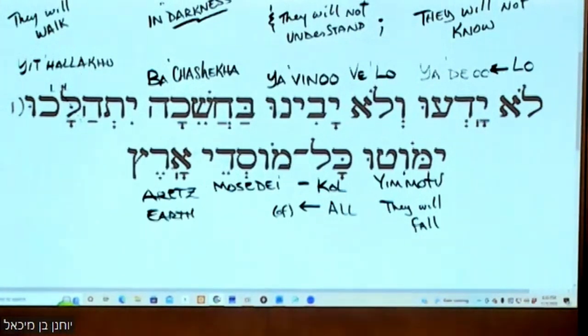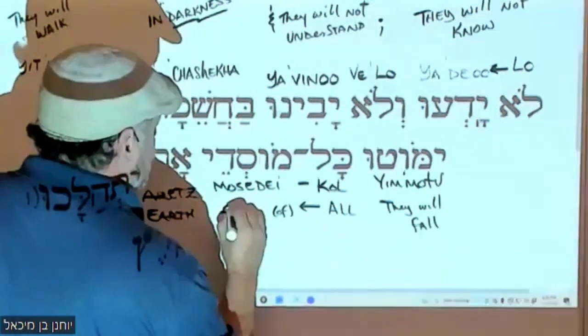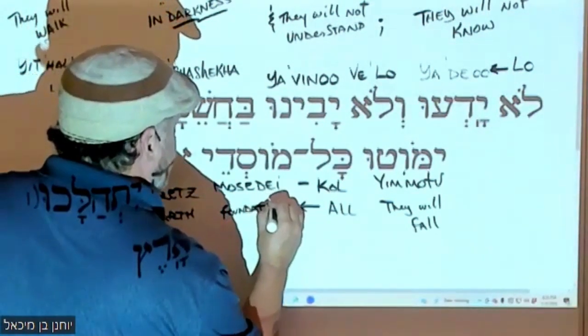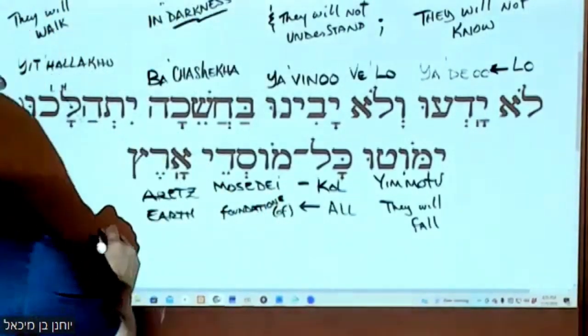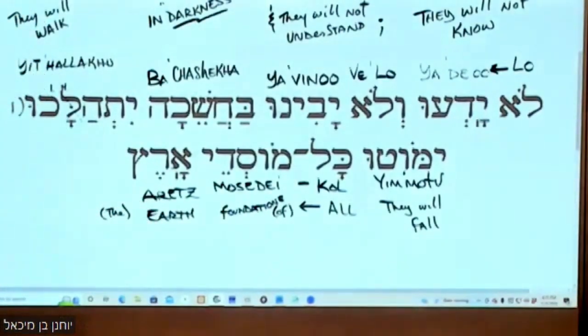Mosed means a foundation or a base of something. We're going to say foundations of the earth.